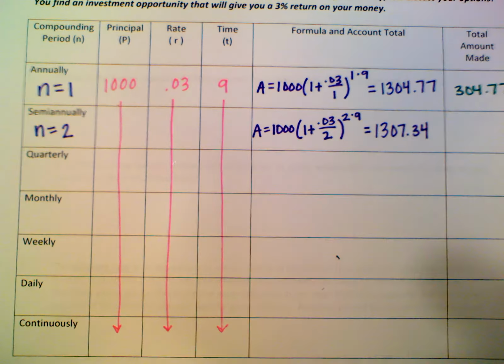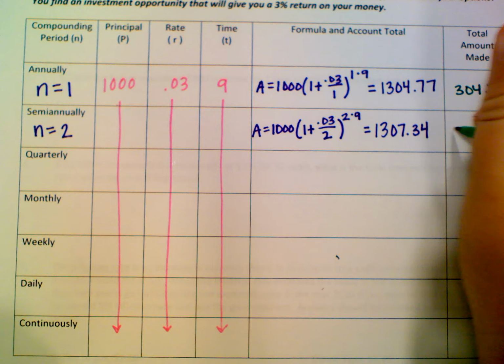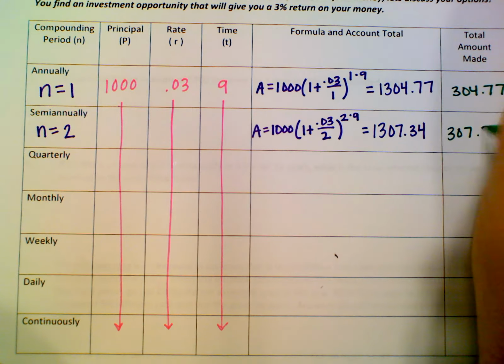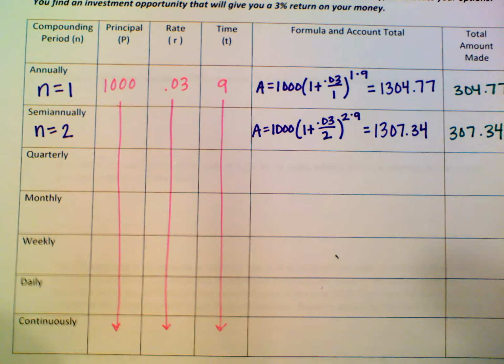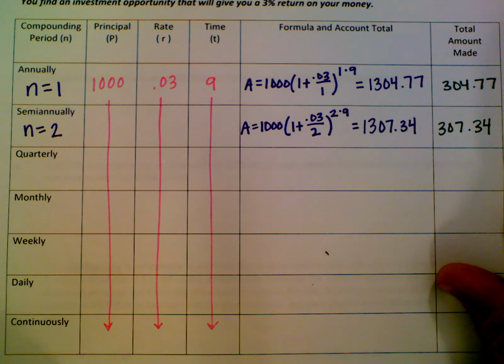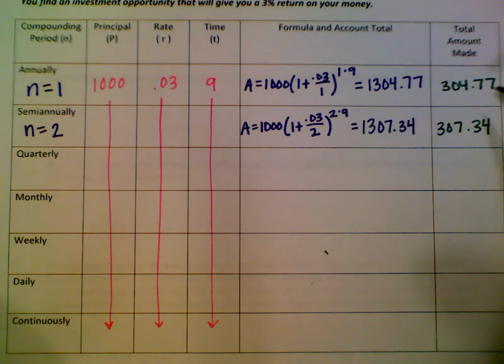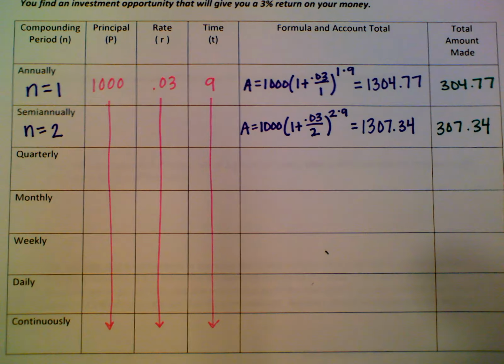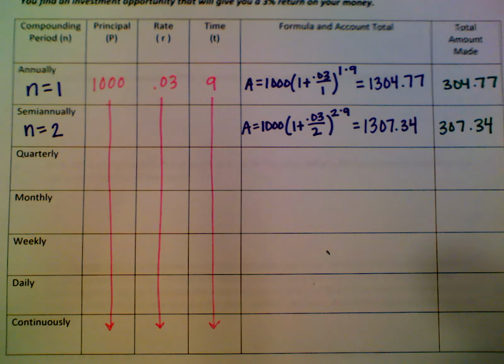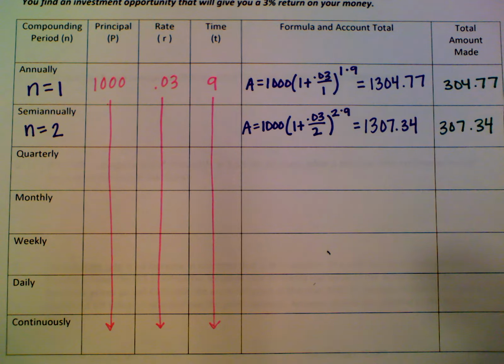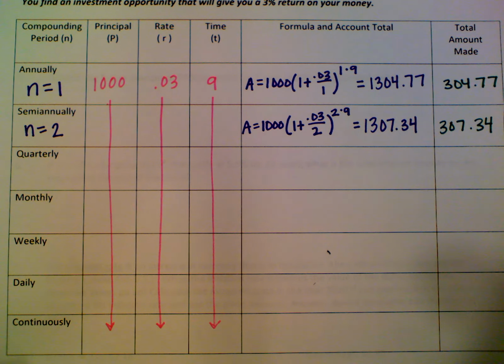So how much money did we make here? Well, we made $307.34. So by compounding 2 times per year versus 1 time per year, we've actually increased the amount of money that we made by about $3. Not a huge jump, but definitely more money for sure.